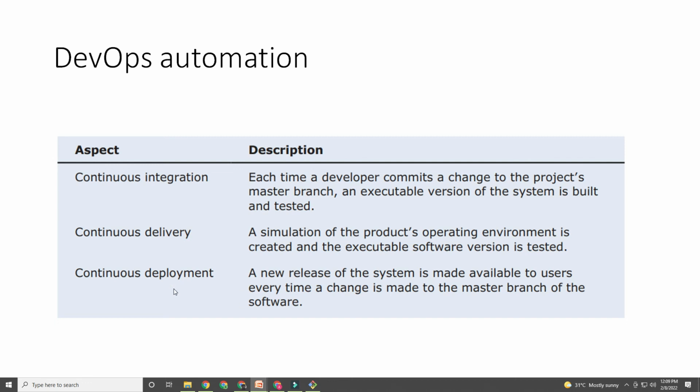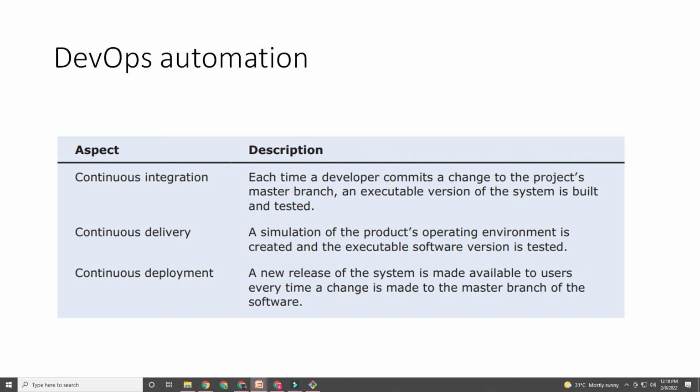Continuous deployment means a new release of the system is made available to the users every time a change is made to the master branch. Users means your clients. Whenever a change happens and it is tested successfully, that release is sent to the users. This is the DevOps automation.